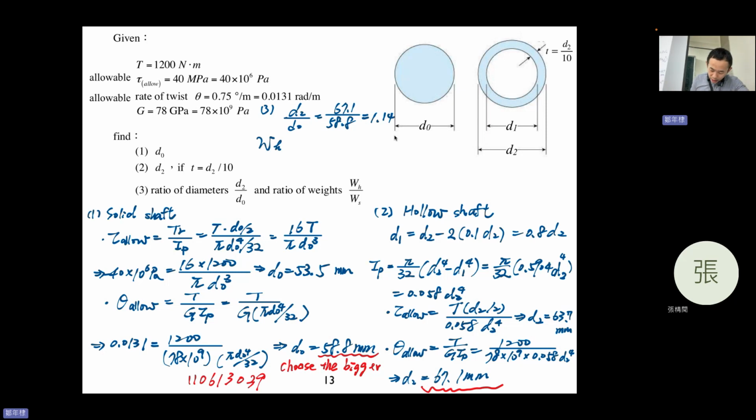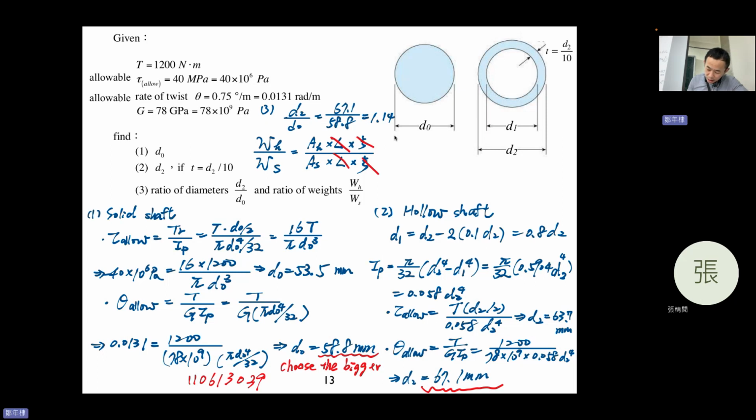W hollow over W solid. So the area A hollow divided by A solid, times L times density, and they just cancel.